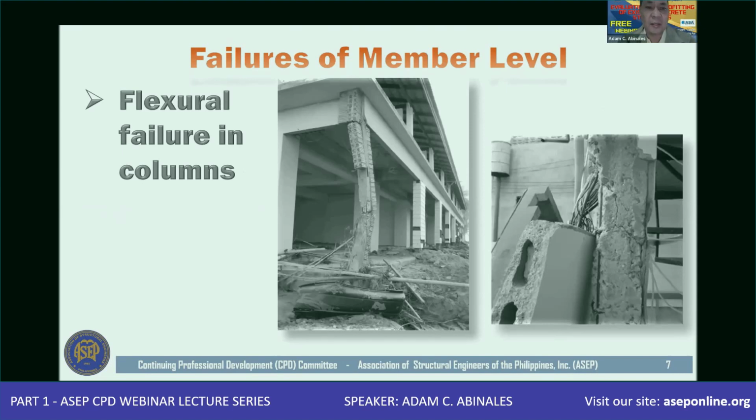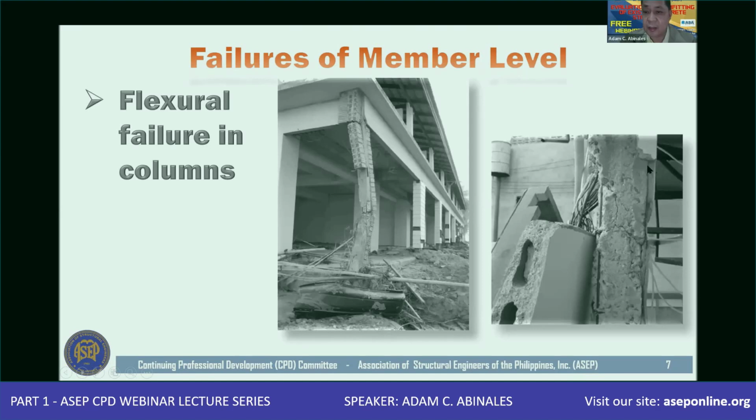So in essence, we can call most of these structures concrete moment frames. So you will have a lot of possible flexural failure in columns. You can see in the photo here that you have the corner column severely damaged, or I would say this is almost not reusable in terms of resisting the force.